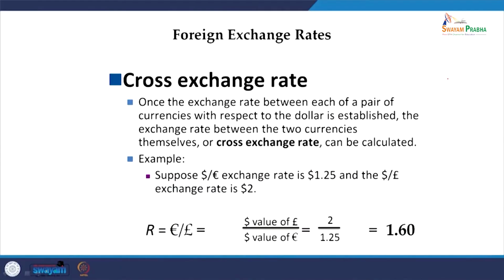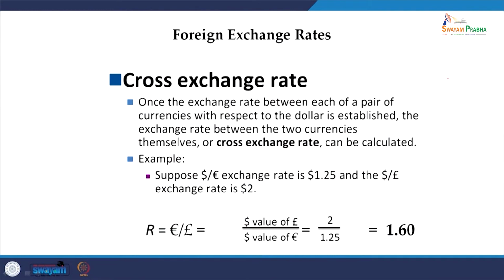So, cross exchange basically means once a particular currency you have calculated, then other currencies you can also calculate based on this cross exchange. Okay. For example, here we have dollar and euro, which we already cited, that the exchange rate is 1.25 between dollar and euro, or per euro you can purchase 1.25 US dollar.